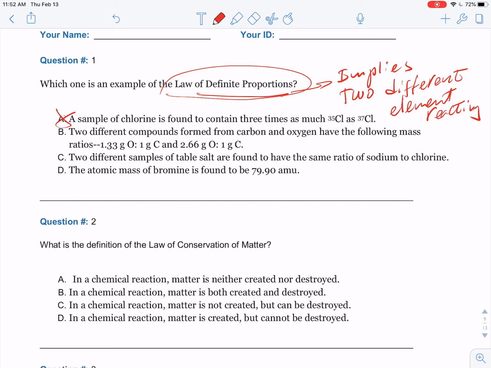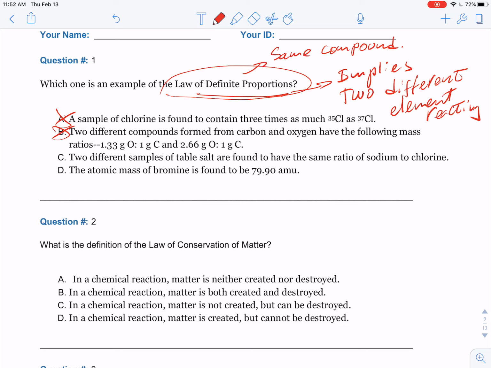Okay, so this is just one. 2 different compounds. Now, law of definite proportions refers to the same compound. So this is not it. Now, 2 different samples of table salt, which is the same compound, are found to have the same ratio of sodium to chlorine.